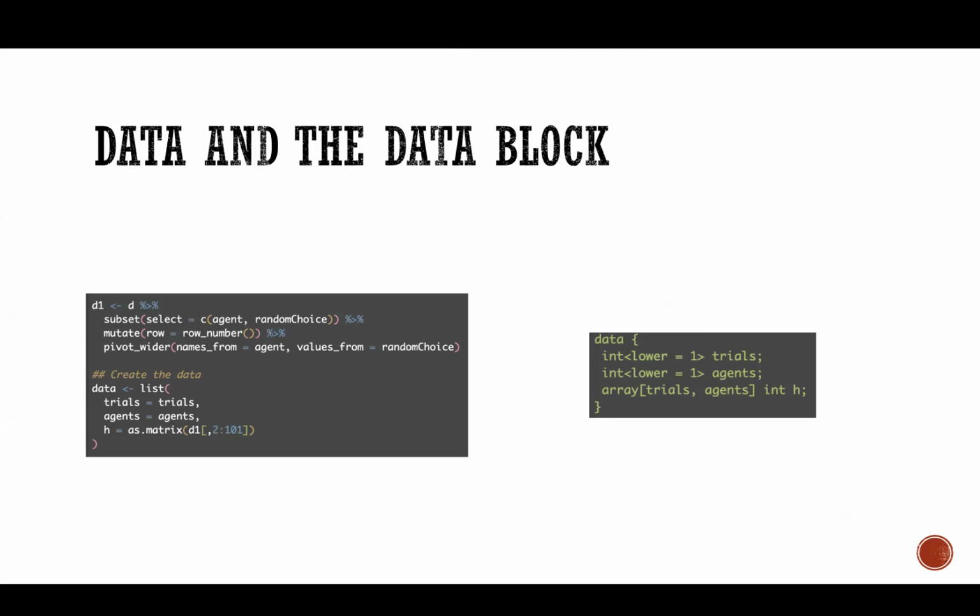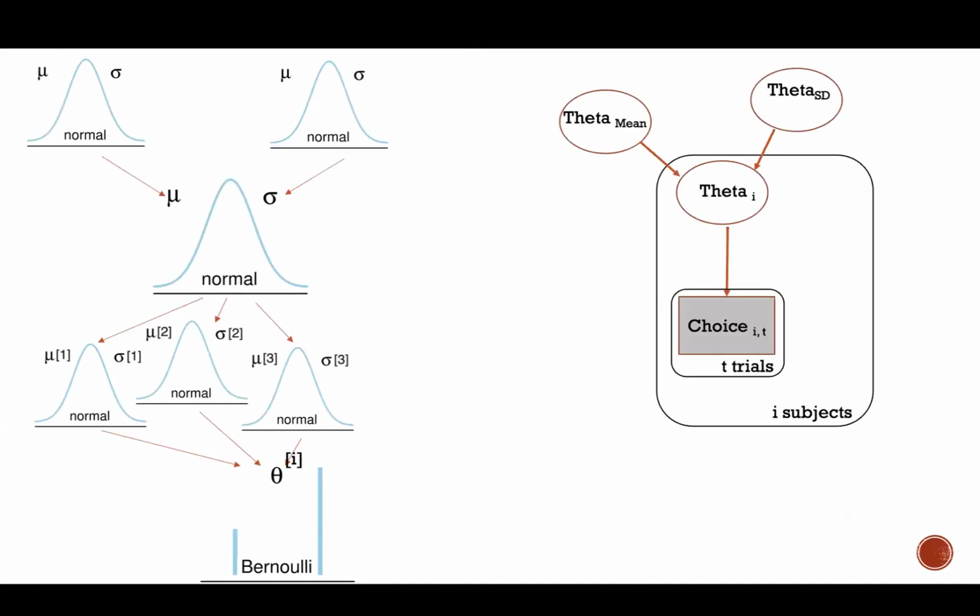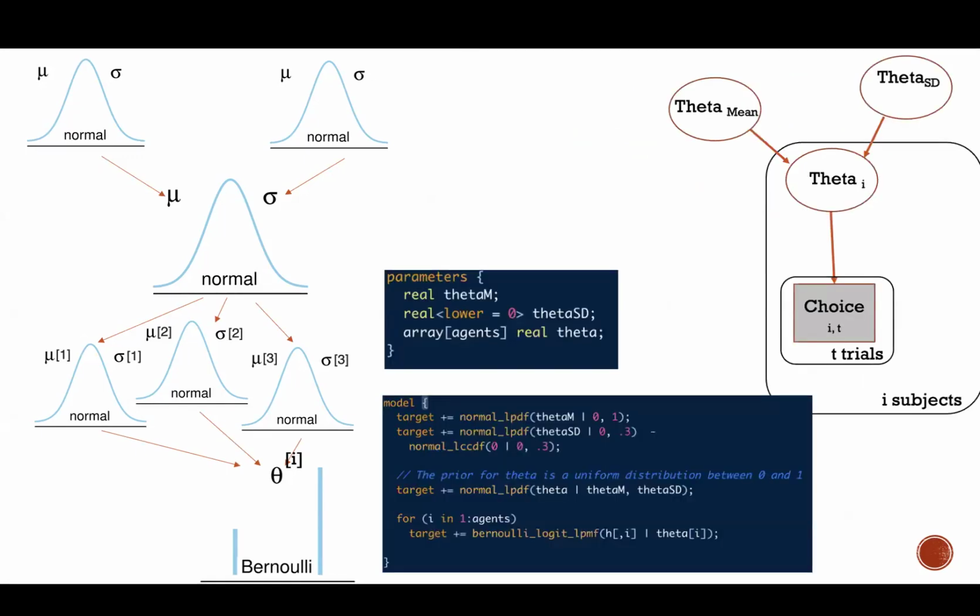So this is the big change so far. Instead of feeding it vectors, we're feeding it matrices. Remember that what we want to do now is to define individual level parameters, which are constrained by a population level parameter. So in parameters, we have a real theta mean.